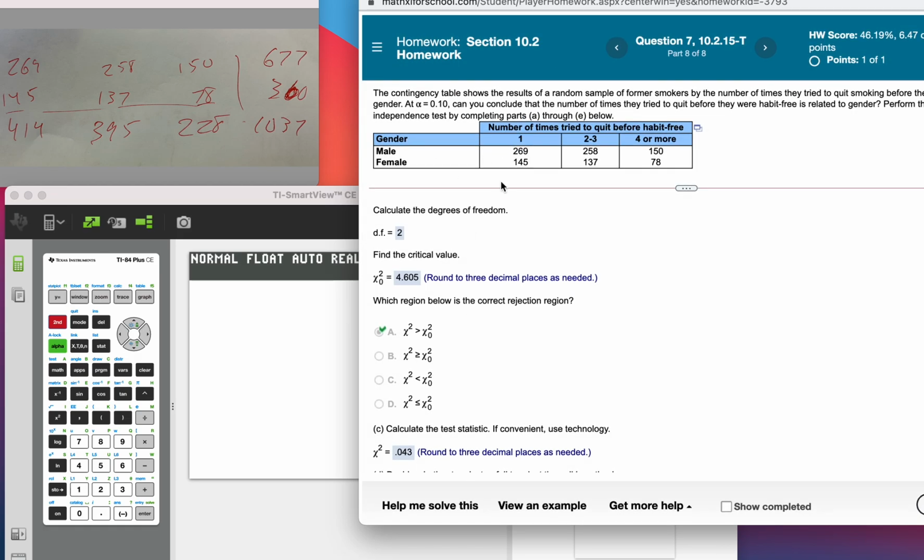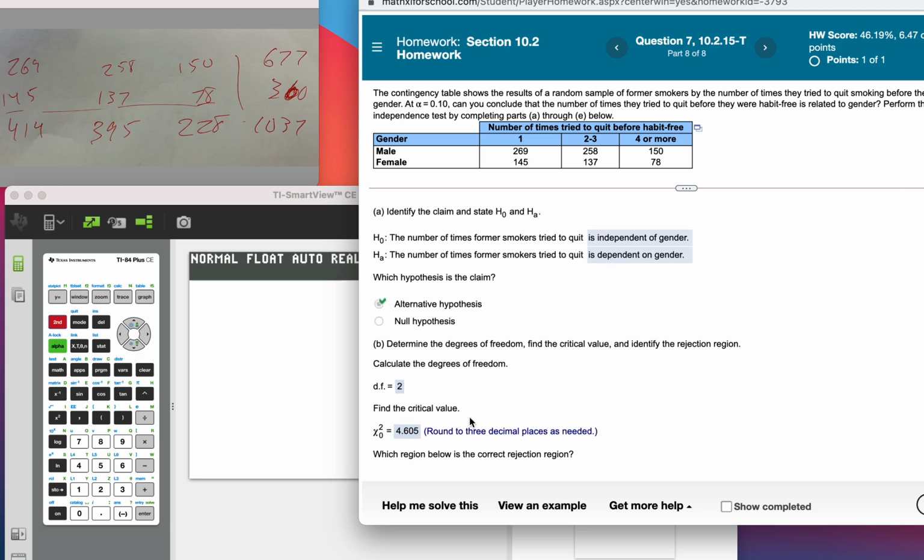We start with, and I've already got this answer. They're all right, so I'll just try to go back and go through each of it. So you start with the chart here, and what they're trying to figure out is male or female, are these numbers the same? Or are they different? And obviously they look different, but the biggest reason for the difference is that we just sampled way more men than females, right?